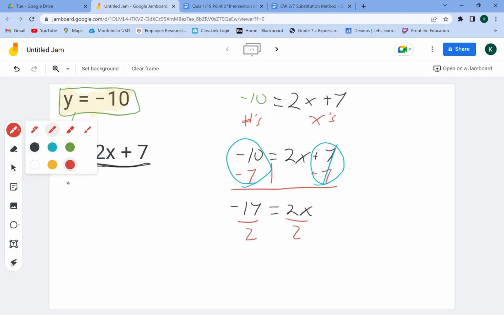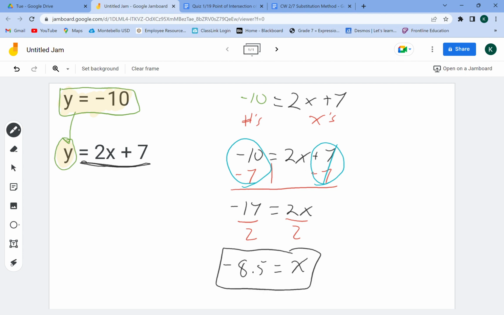And then I get x is equal to, and if I divide this up, let me see if I do it in my head here, negative 8.5, I believe. So now this is my x value here.